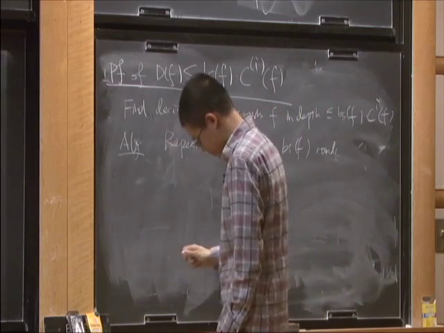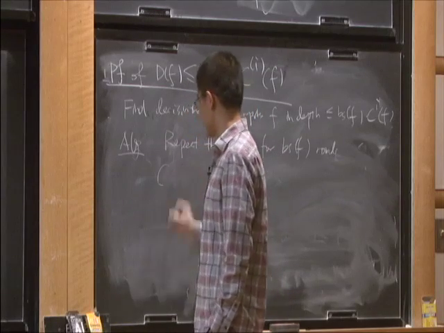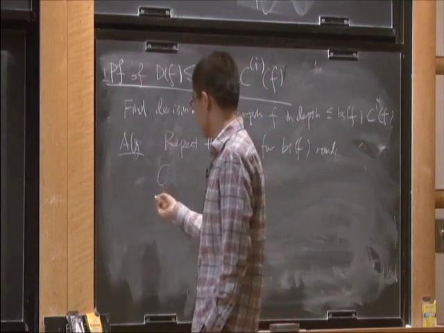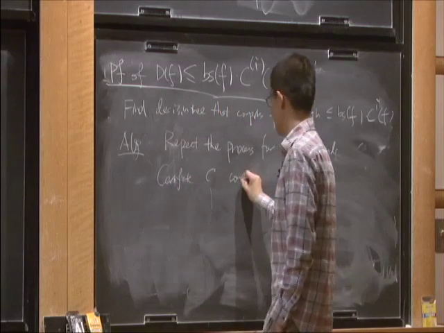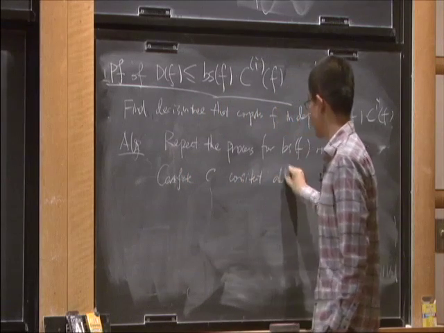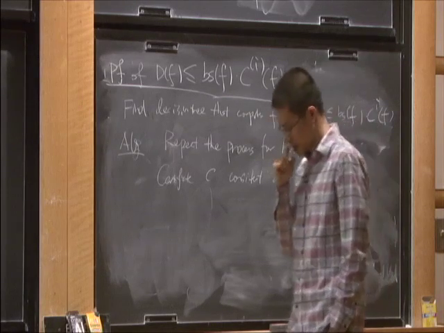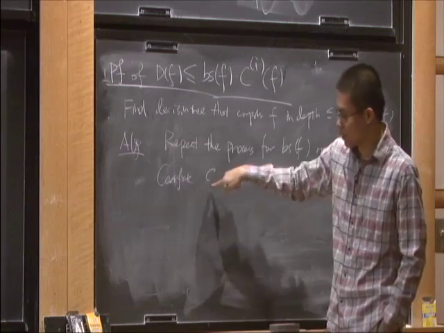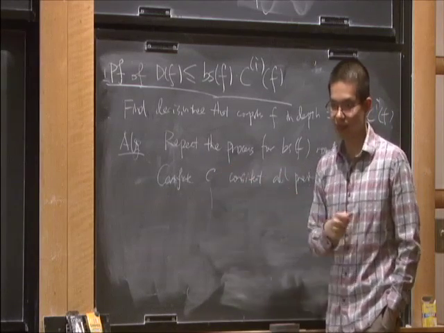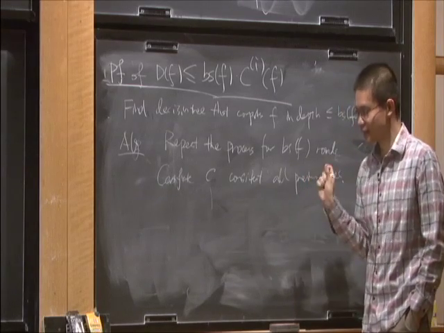Every time we look at a certificate C consistent with all the previous ones, and then I query the value of these variables. When you say consistent, you mean that the values are also the same, yes.